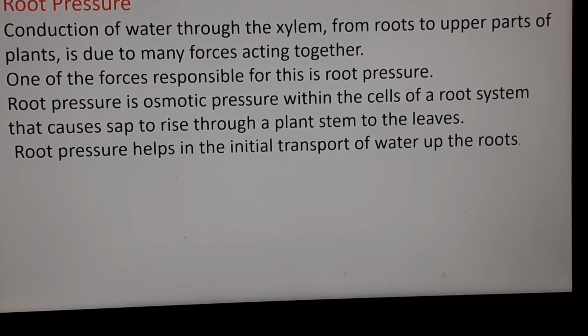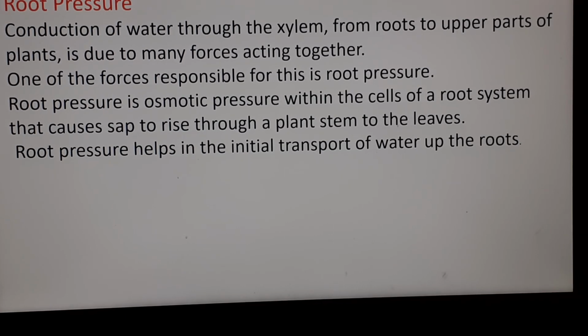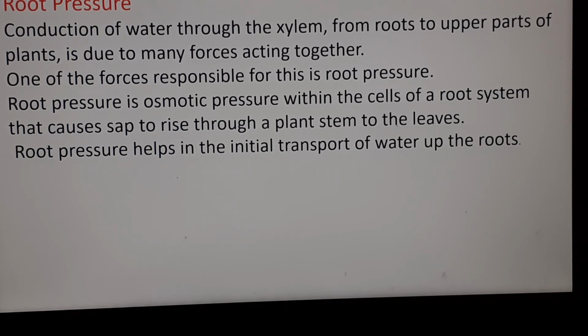Once it comes there, what will happen? It goes to the xylem vessel. Through the xylem vessel it reaches up. This is called root pressure. So I will read this out. Conduction of water through the xylem from roots to the upper part of the plant is due to many forces acting together. One of the forces is root pressure.